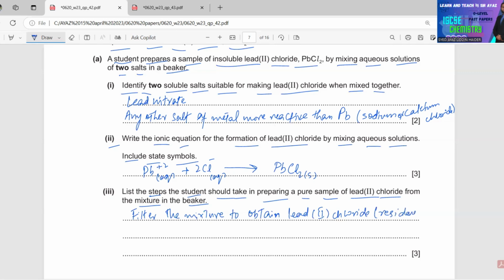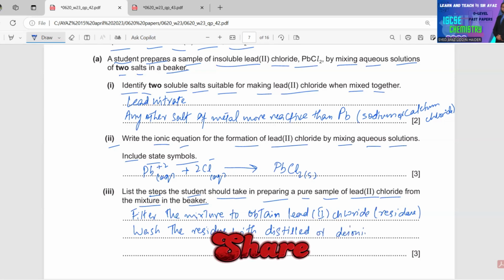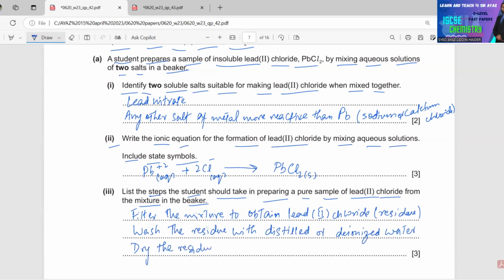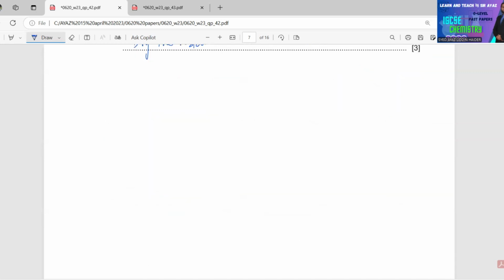The next step, wash the residue with distilled or deionized water. Then dry the residue.